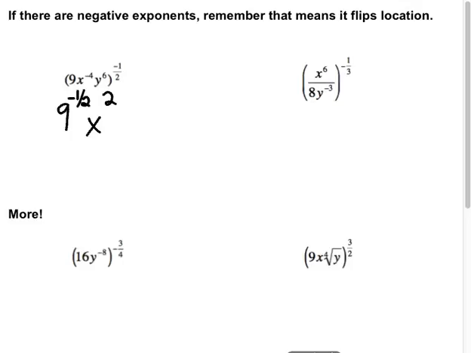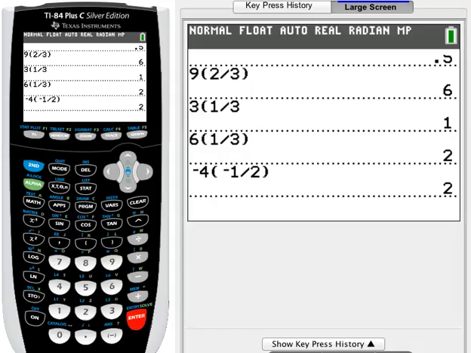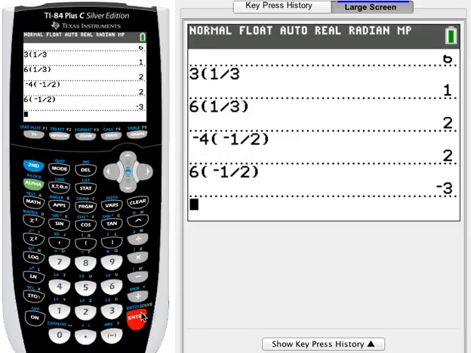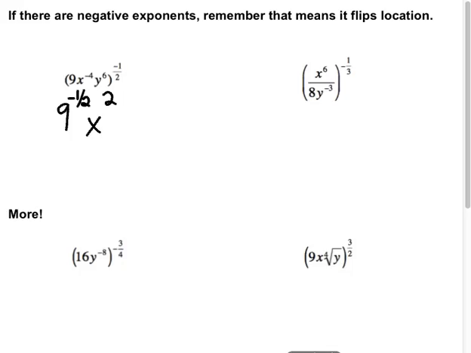Power of a power. So let's take a look at that. 6 times negative 1/2. That's going to give me a negative 3. So that's what happens when I apply my power throughout the parenthesis.